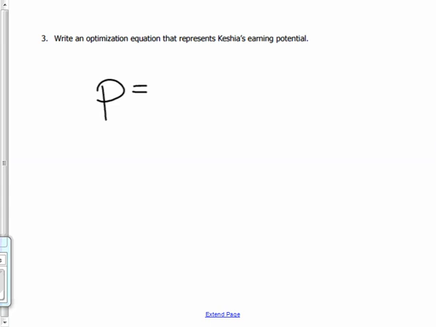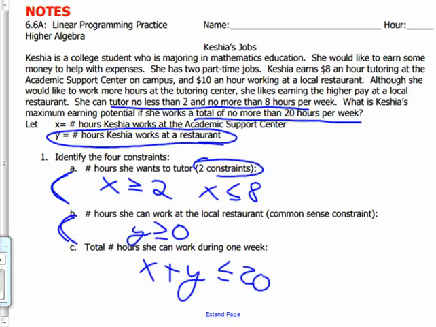Her profit is, she makes $8 an hour for each hour of tutoring, which is X or Y. I think X is the tutoring. I'm going to double check that. Yep, X is the academic support center, so X is tutoring. Okay, good.